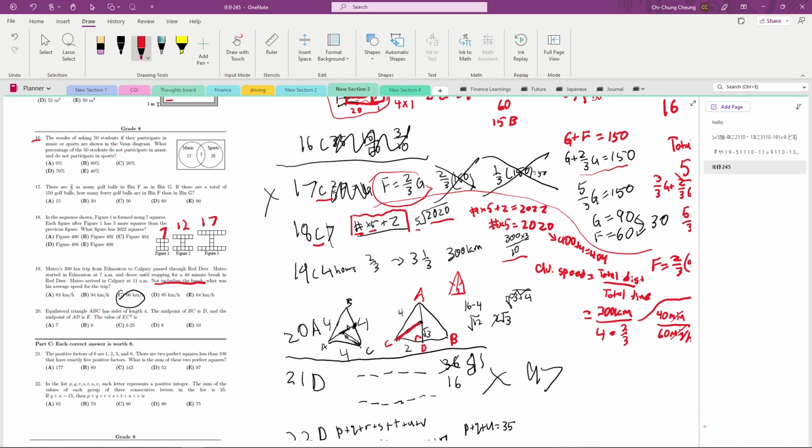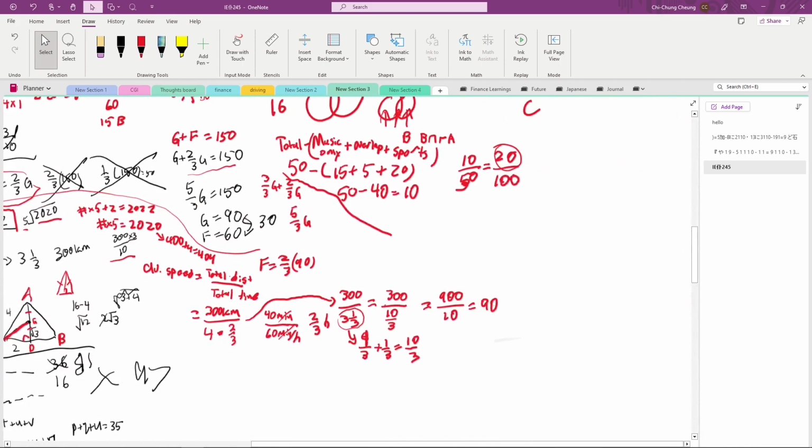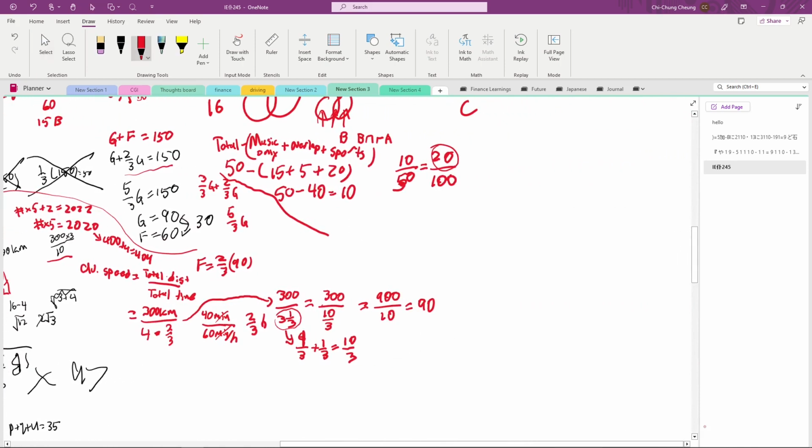And then E is this midpoint, so this and this are equal. Let me just make a bigger triangle here.